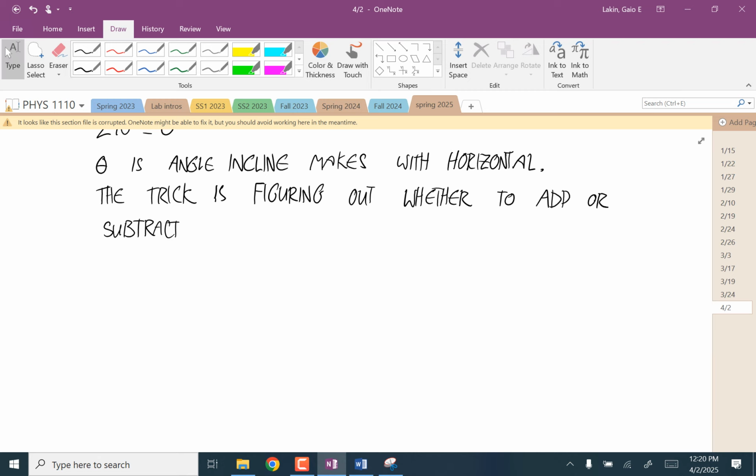Okay, so let me draw two pictures and sort of show you what I'm talking about. So let's say that we have an incline like this. Let's say this is 15 degrees. And we have this object sliding along this surface. That coordinate system is like this. The weight force is straight down.